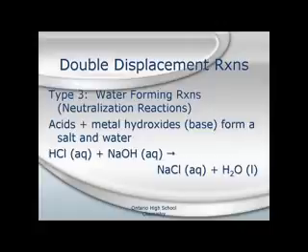So the water is neutral. Sodium chloride does not affect the neutrality of this solution, so this is a neutralization reaction. So when you see an acid added to a metal hydroxide base, form a salt and liquid water, and that's the special type of double displacement reaction that this is.